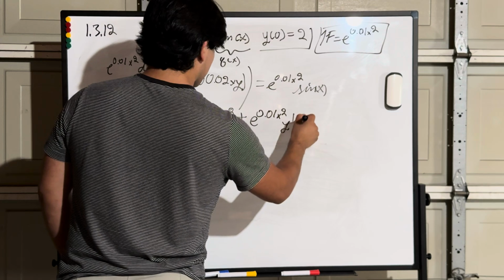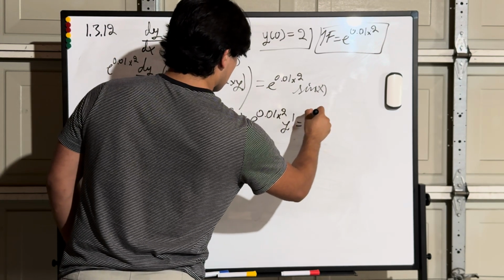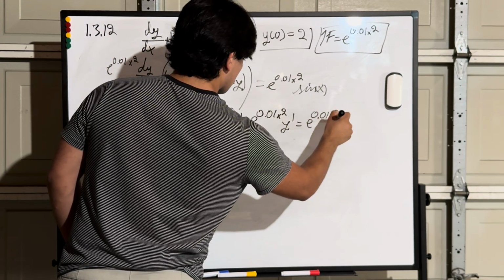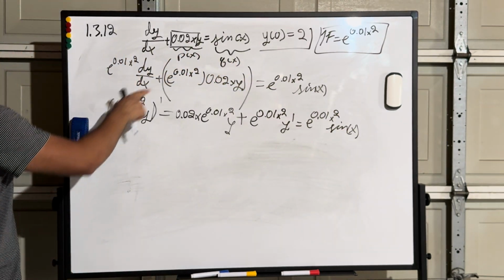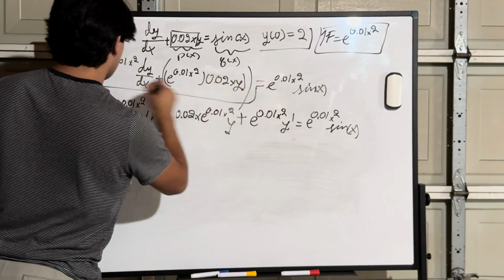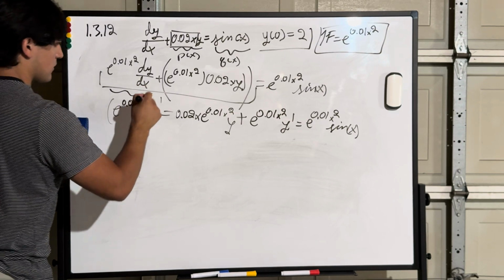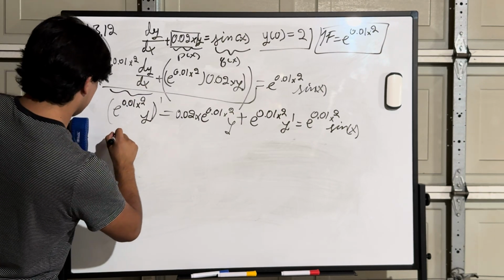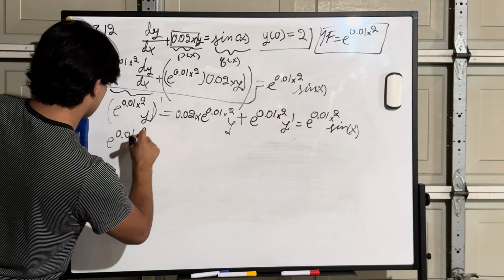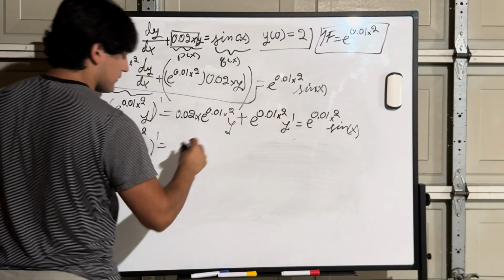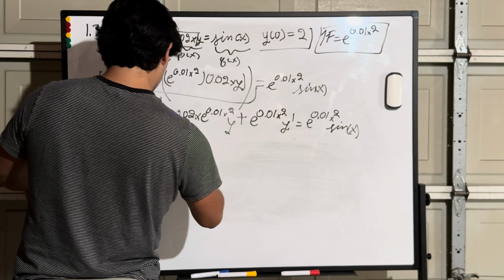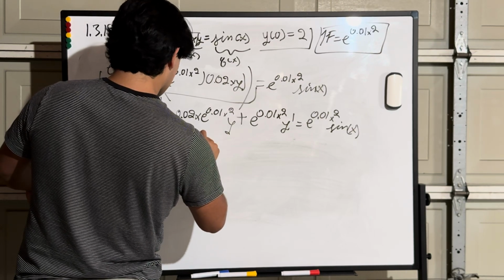So y prime equals to this. Okay, so this will replace the left side of the equation, that whole thing. So now we have e to the 0.01 x squared y prime equals e to the 0.01 x squared root sine x.